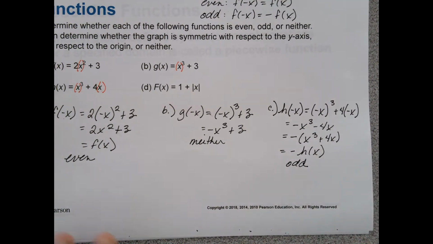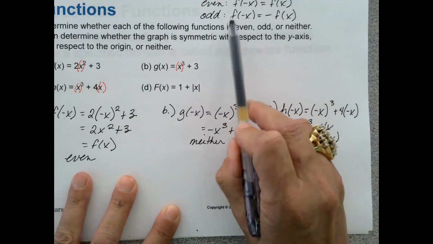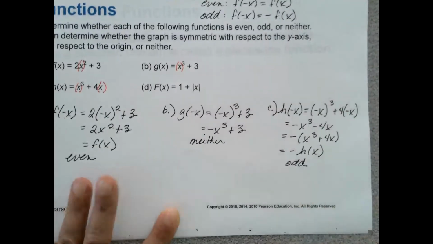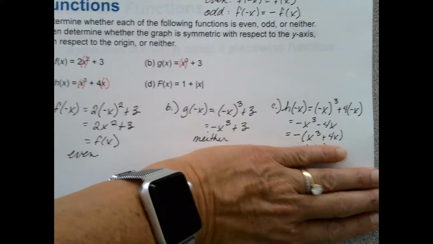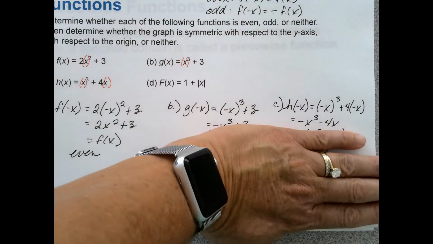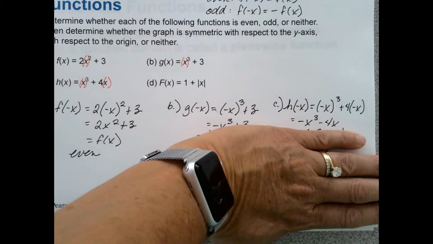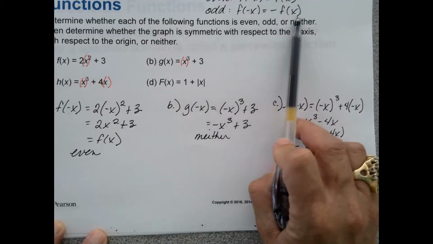Sure. So remember, for this function, I'm looking at h of negative x to see if it is equal to negative h of x. You don't have to do this part down here if you just say, oh, I look at h and I see every sign changed. That's all you really need to do to say that it's odd. But to show you formally that we are exactly meeting this rule, I went on.